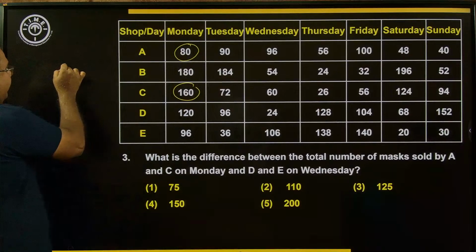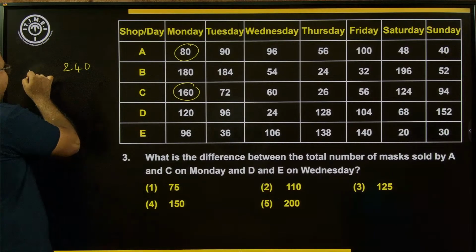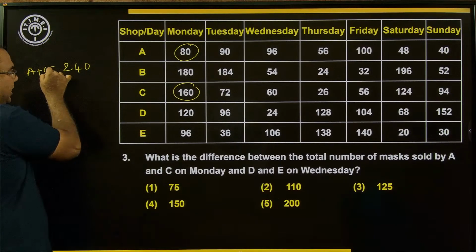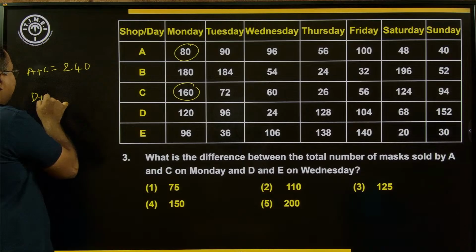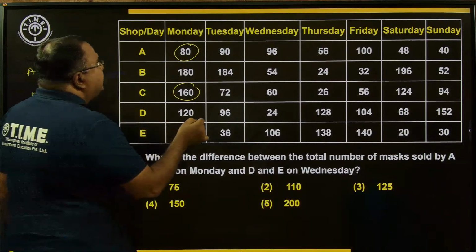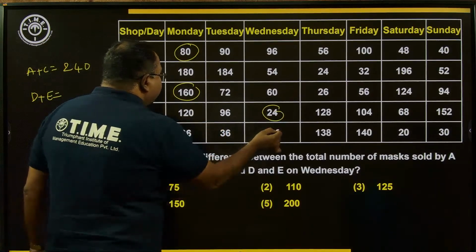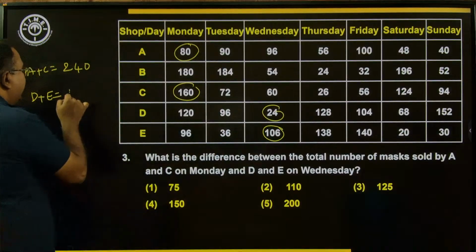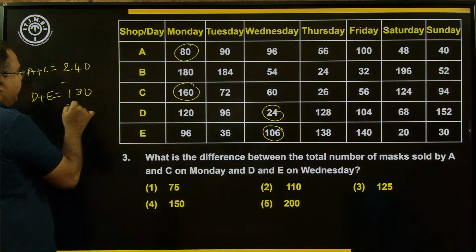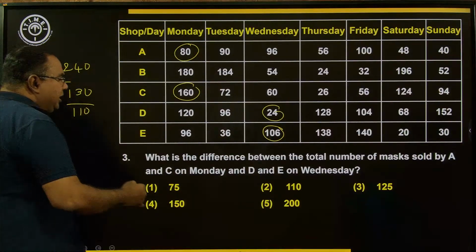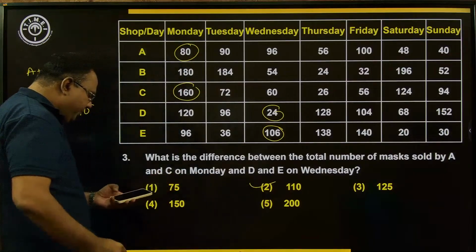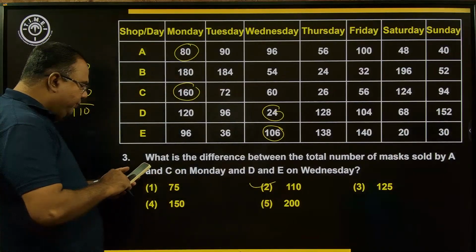So 240, A plus C. Then D and E on Wednesday. D is 24, E is 106. So it has to be 130. The difference between these two is 110, that is present in choice 2.